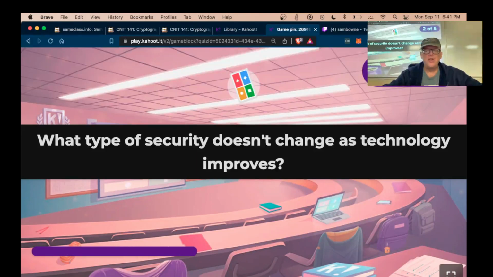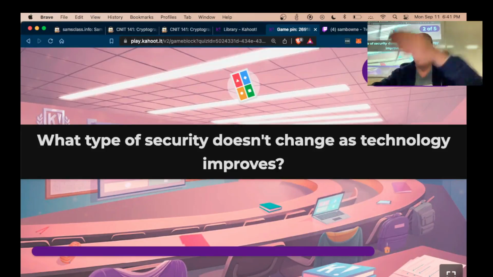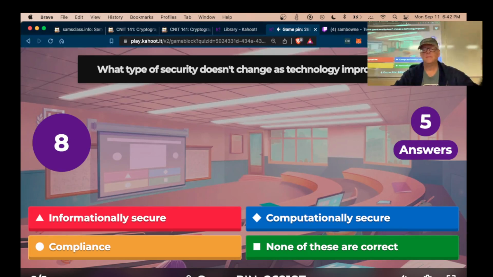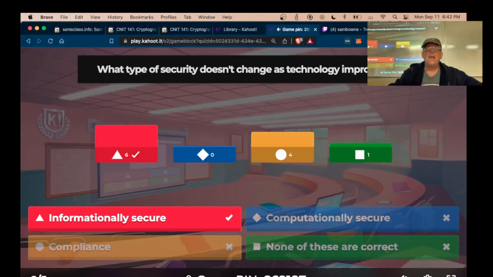All right, what type of security does not change as technology improves? Yeah, informationally secure.